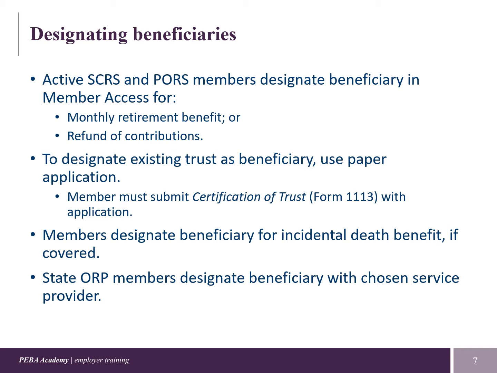Members should designate beneficiaries for the incidental death benefit as well, if the employer has elected that coverage. State ORP members need to designate beneficiaries, with the exception of incidental death benefit beneficiaries, directly with their chosen service provider.